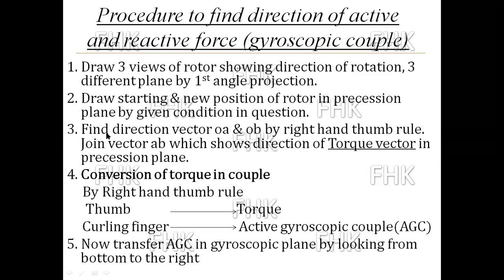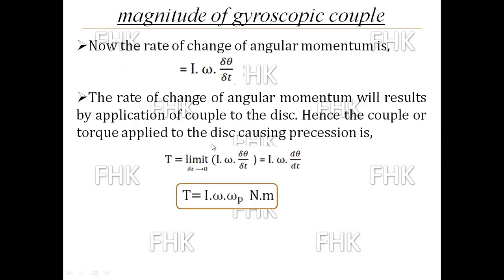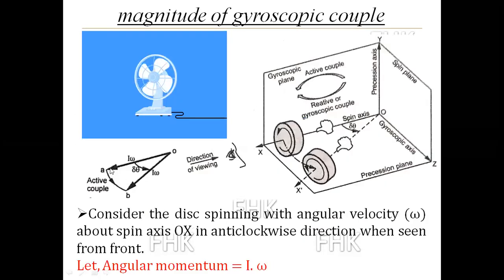Third step, find the direction of vector OA and vector OB by the right hand thumb rule. As I explained, whether the direction is from O to A or A to O, you have to find out by the right hand thumb rule.